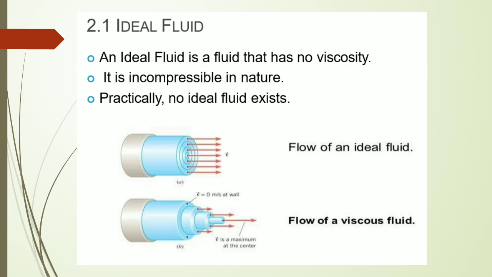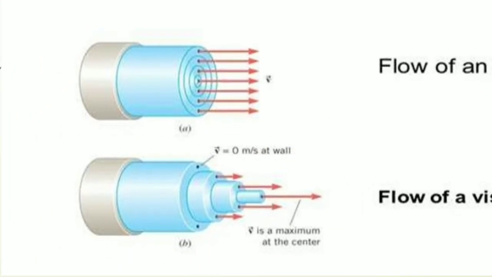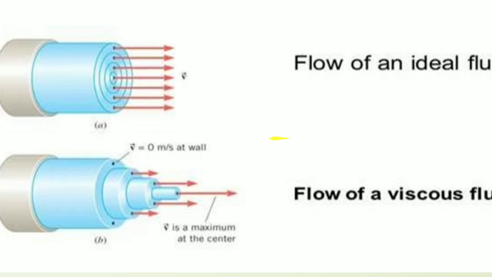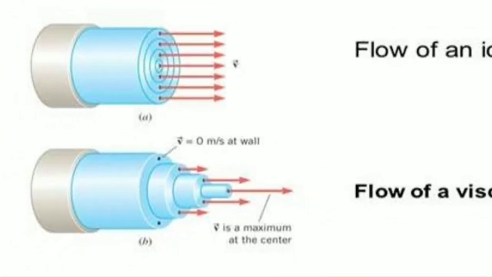If you see the figure, the fluid is flowing through a pipe. The top figure shows the flow of an ideal fluid, but there is no such fluid which flows like this.